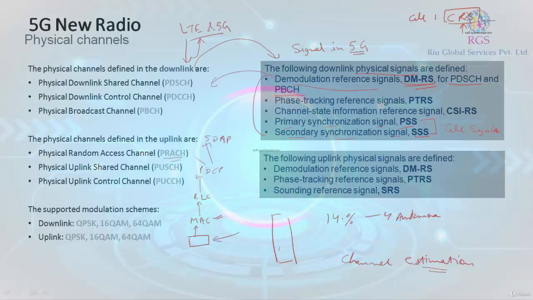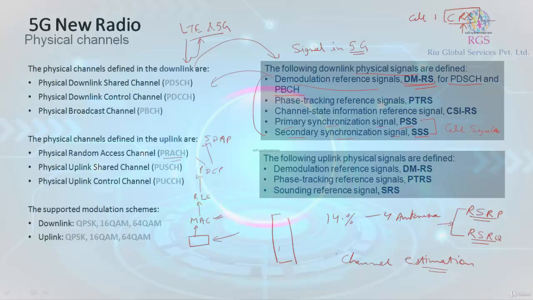So what is channel estimation? In simple words, channel estimation is estimating the channel. That means identifying the power of the channel, called RSRP, and identifying the quality of the channel, called RSRQ. To calculate both of these, you need reference signals. This is the same in 5G and LTE.